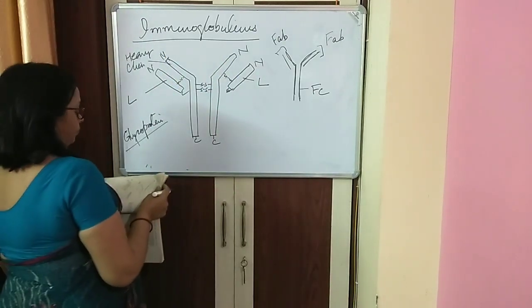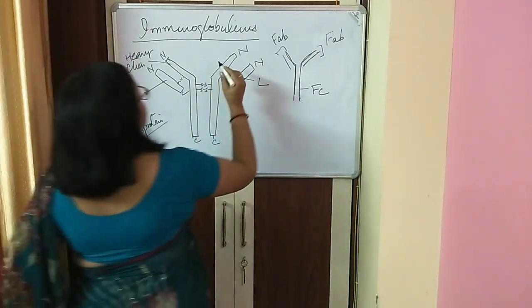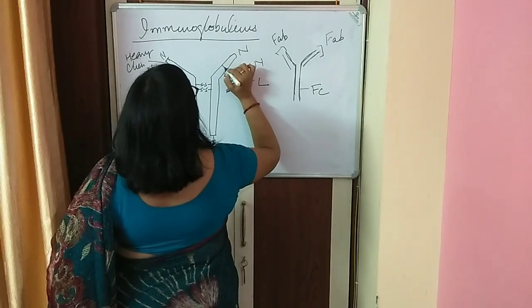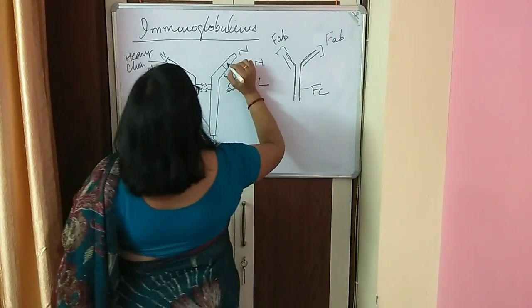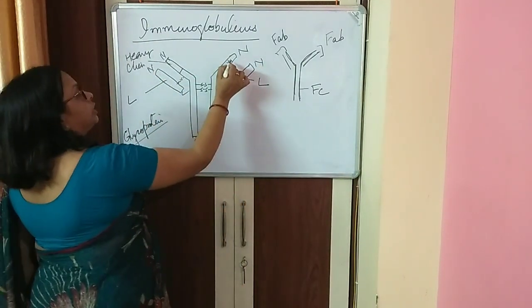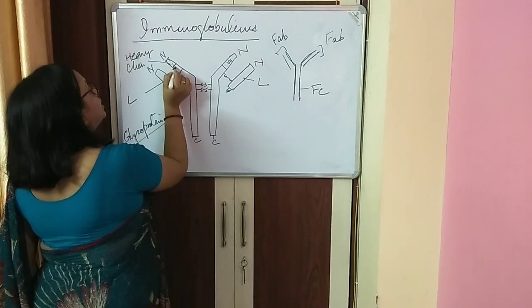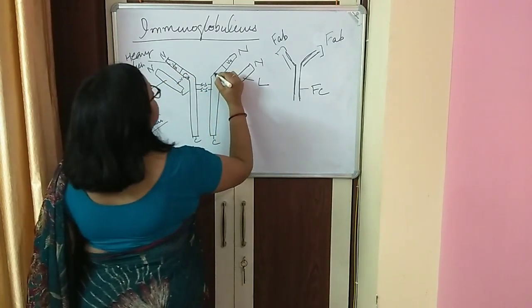Besides this, they have variable regions and constant regions. VH is the variable region of the heavy chain, and CH is the constant region of the heavy chain.